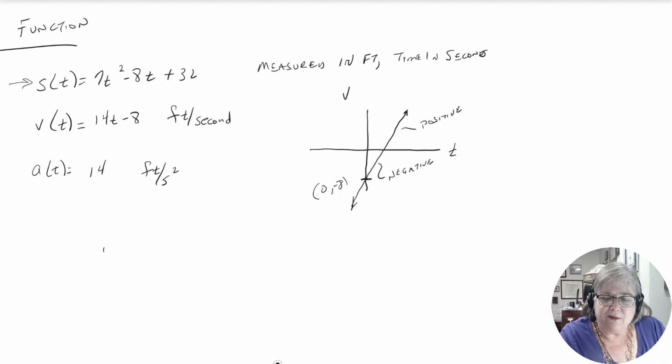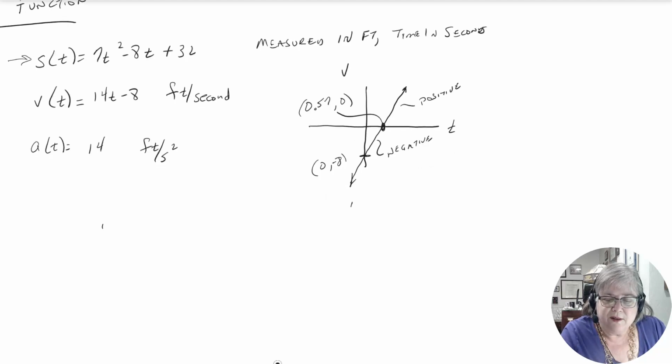So what you would have to do is find out when that changes, and using my calculator, this point right here is 0.57, or you could divide it out. Okay, so from 0 to 0.57, you have a negative velocity. And at 0.57, it's 0. And from 0.57 to whatever the end time is that you're curious about, let's say it's 3 seconds in, you would have a positive velocity.